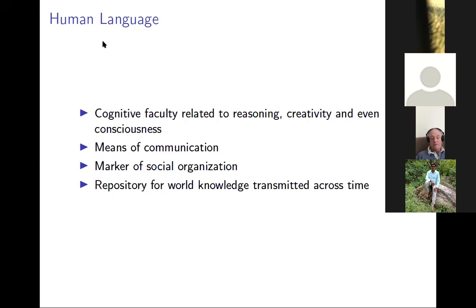So there is this social dimension of language as well. And it's also a repository for world knowledge that is transmitted across time. Language is the main form of cultural transmission of knowledge. Whatever knowledge we acquire, we will pass it down, and that will inevitably use language.